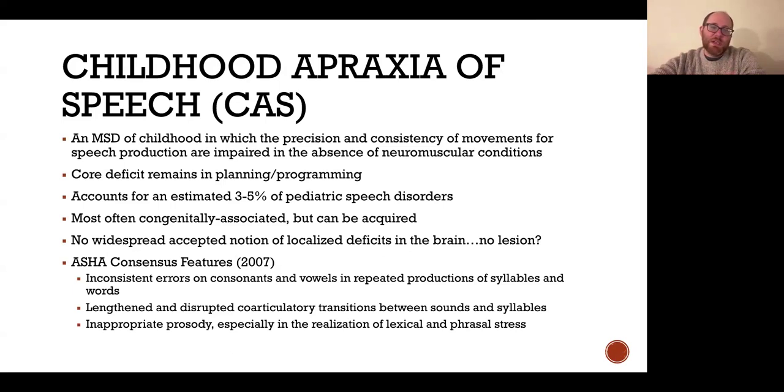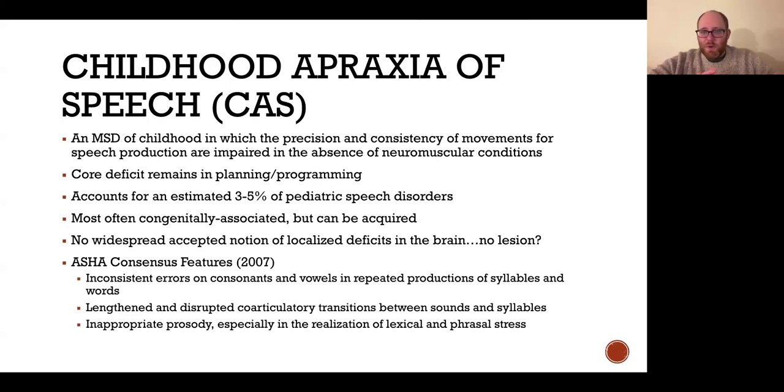Childhood apraxia of speech is most often congenitally associated, but it can be acquired after birth. And then there is no accepted notion of a localized deficit in the brain. So how we talked about the acquired variant is usually more associated with those left frontoparietal issues. There's not a really good agreed upon lesion in the brain that we accept in CAS.